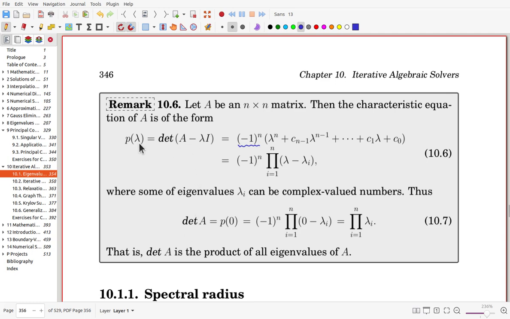Once λ is 0, then that must be det(A). And here we have 0, so that is exactly this one. Now (−1)^n times (−1)^2n, we may ignore, and we have the product of λi. This means that the determinant of A is the product of all eigenvalues of the matrix.